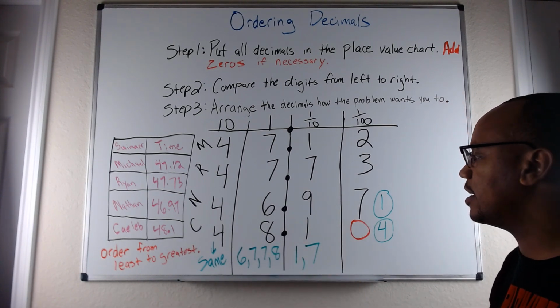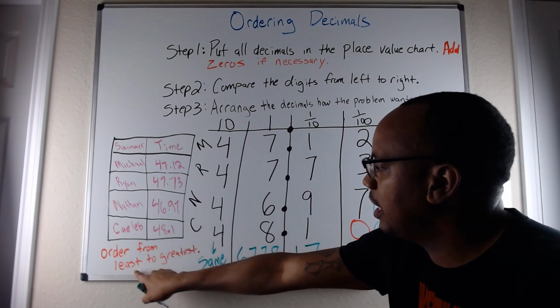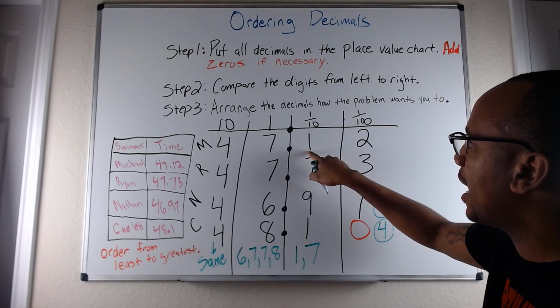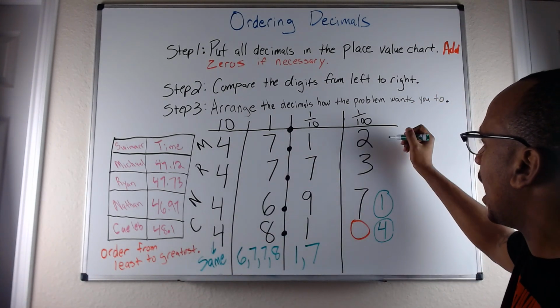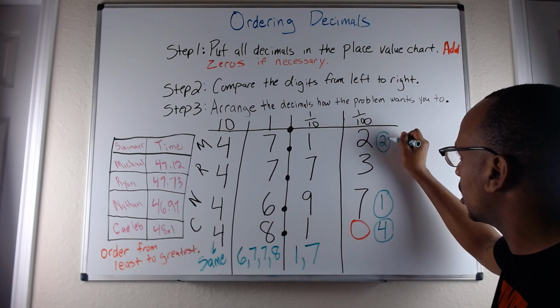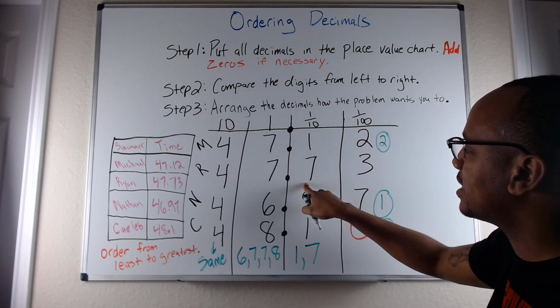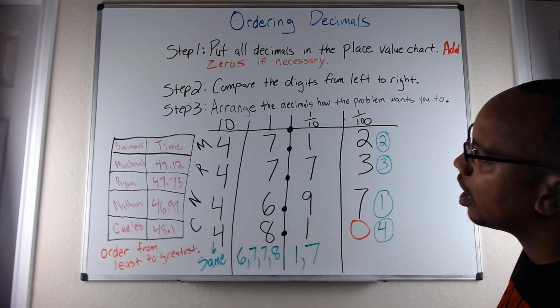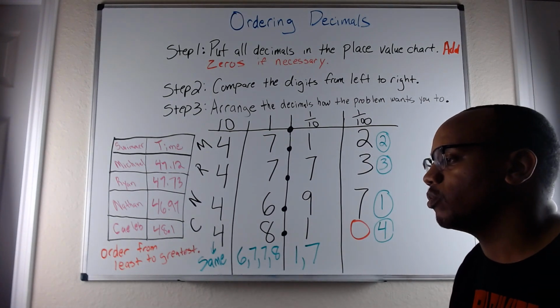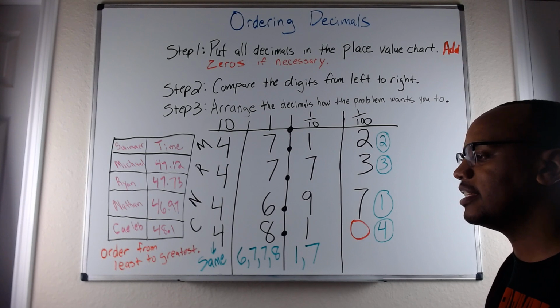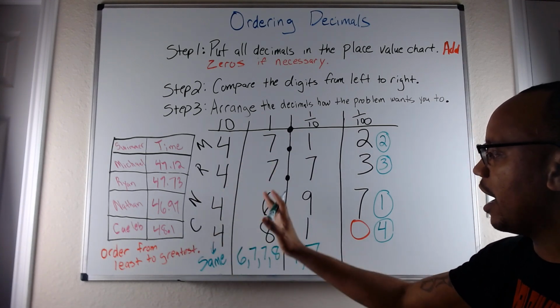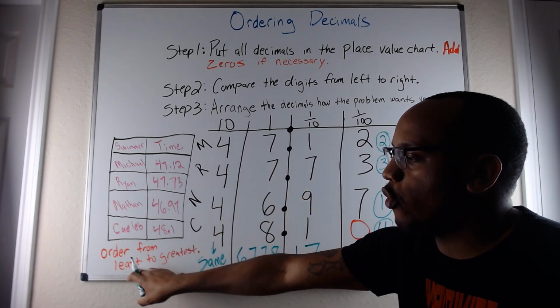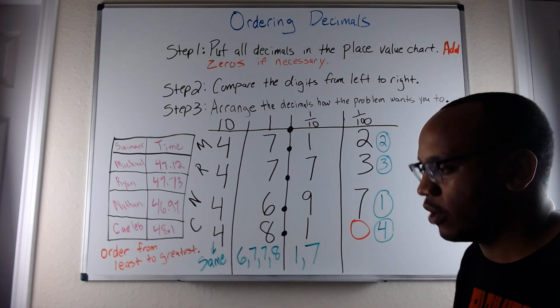So going from least to greatest, Michael with his 1 has to be second, and Ryan with his 7 has to be third. All right, that's step 2. You're going to compare the digits from left to right, and you're going to keep the order in mind when you're doing that.